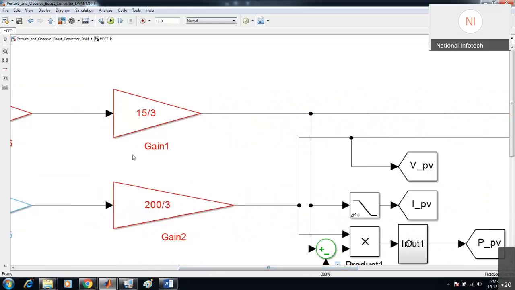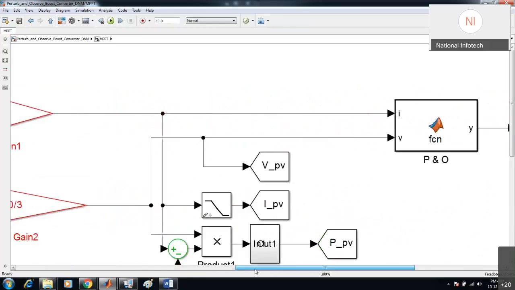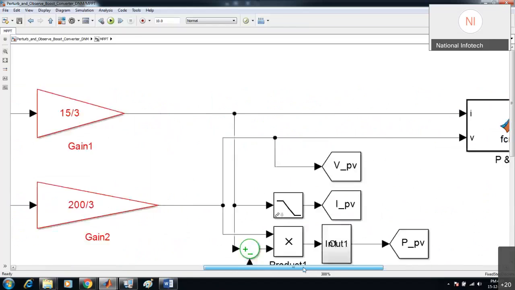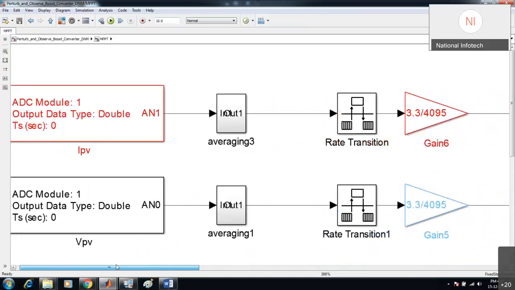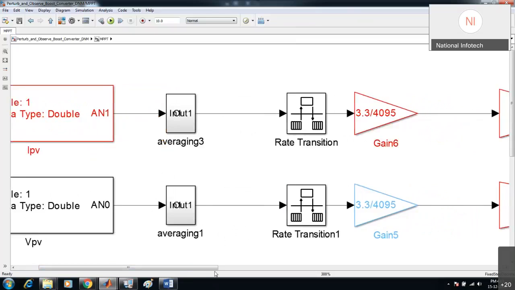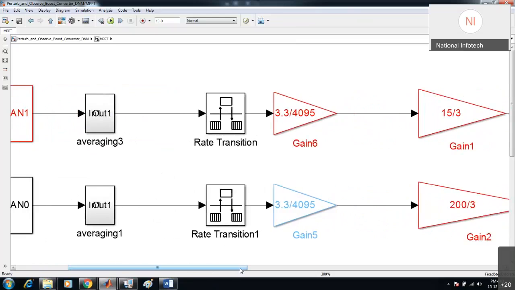So this is how you calibrate this current, 15 by 3, and this current we have given to the PNO algorithm. Again for the voltage we have another channel, PA0. On that channel we will be giving our voltage signal, and again we are averaging that and converting that count into voltage form.